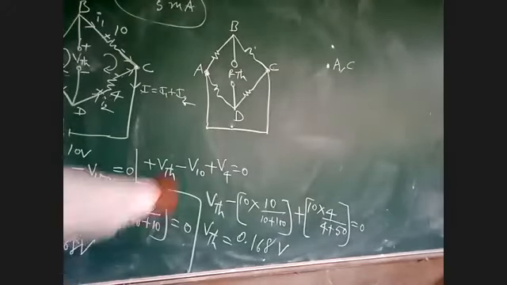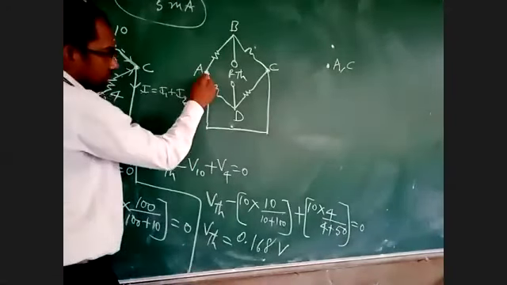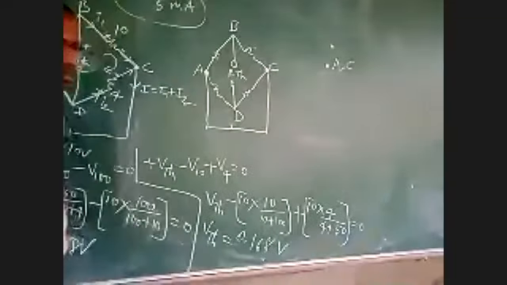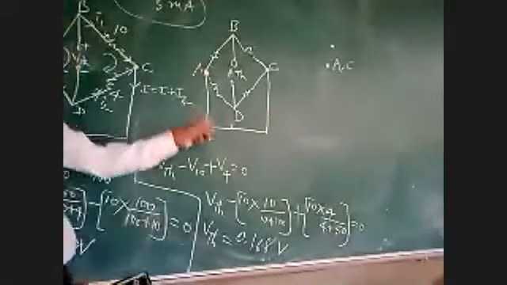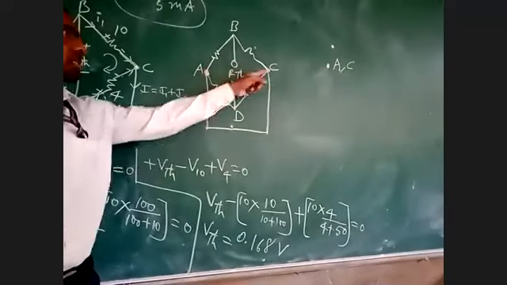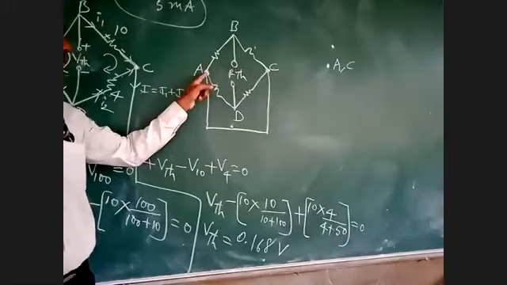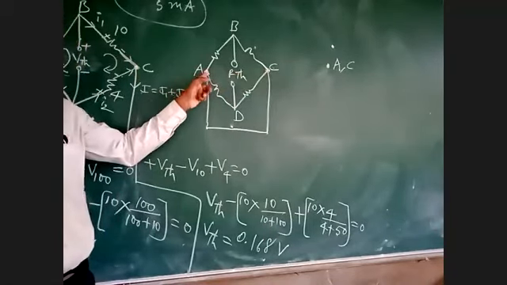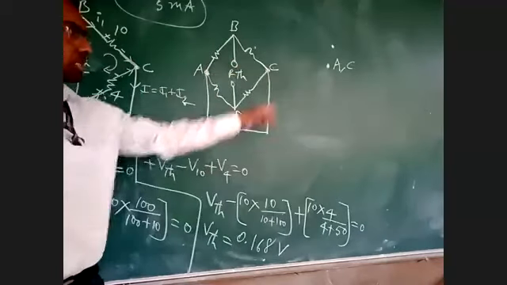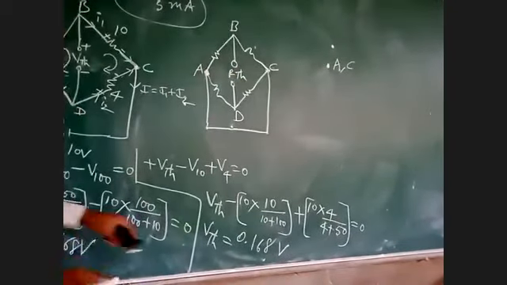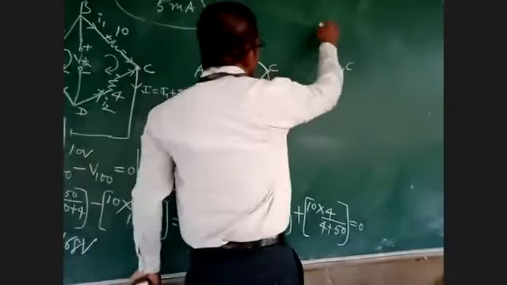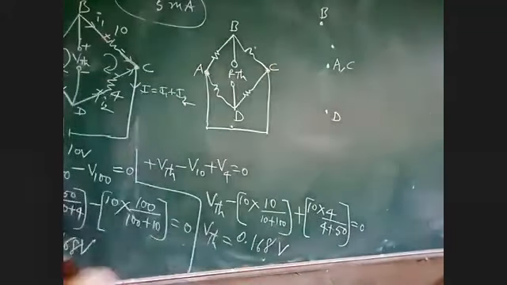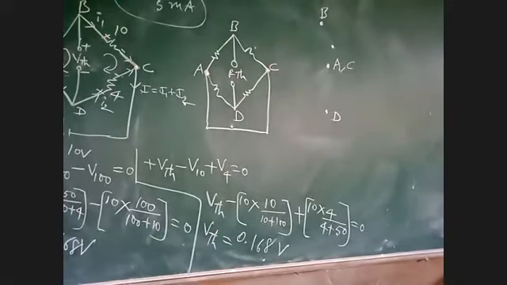Is there any resistance in between A and C? No, sir. That means A and C are short circuited. We can write this A here also, or we can write this C here also. Nothing is there in between A and C, so I am taking it as a single point. Then the remaining points are B and D.